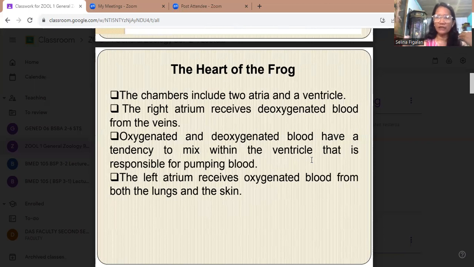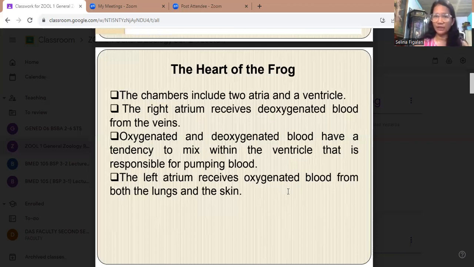And then, pag ang oxygenated blood from the left atrium ay i-receive ulit ng ventricle, because the ventricle is the one that is responsible to pump the blood. Okay, so ipapump ng ventricle para ilabas all throughout the body. The left atrium, take note, receives the oxygenated blood both from the lungs and the skin.